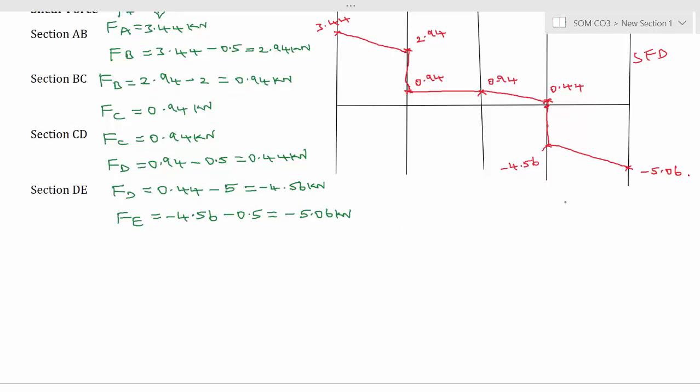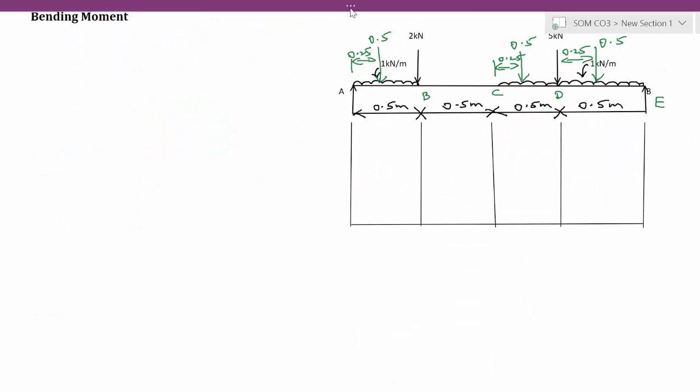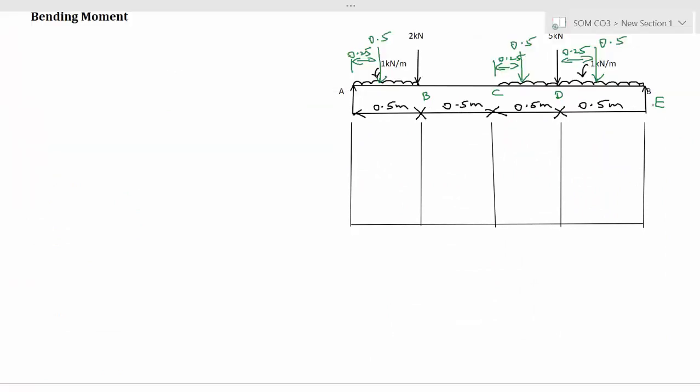Now we'll move into the bending moment diagram. So we'll start from the right side, that is point E. ME is equal to 0 since there is no force acting on the right side. And for bending moment, I have considered the anti-clockwise direction as positive and clockwise as negative.